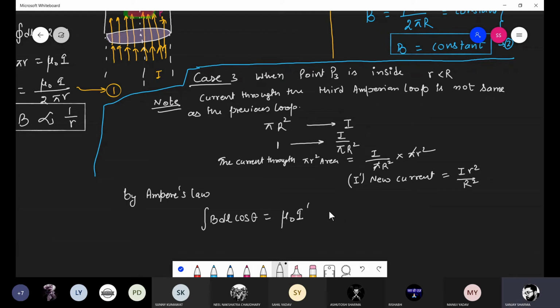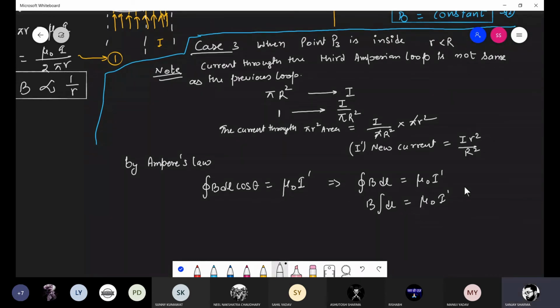So theta is equal to 0 degree here. So you can write here, closed integration of B dl is equal to mu naught into I dash. So B integration of dl is equal to mu naught into I dash here.